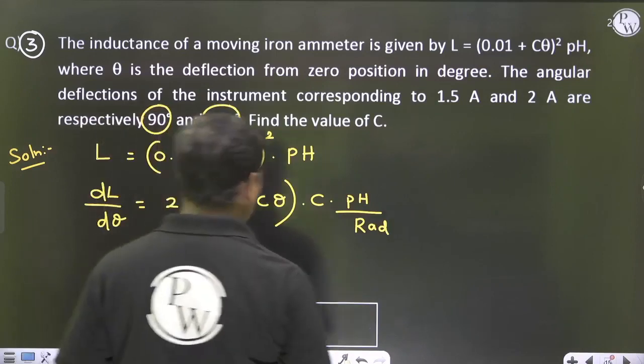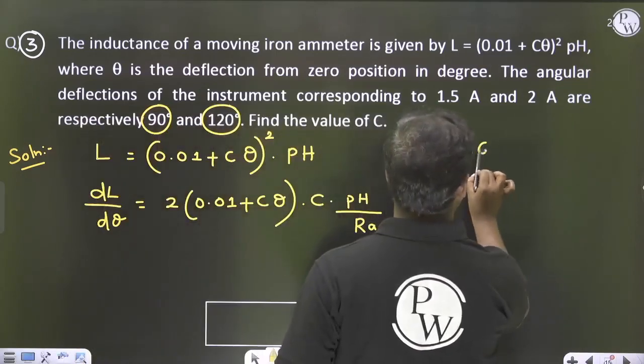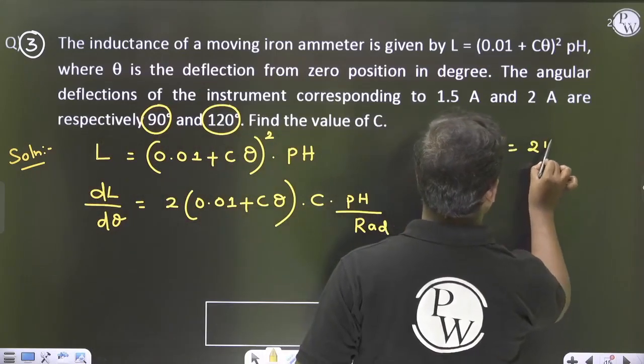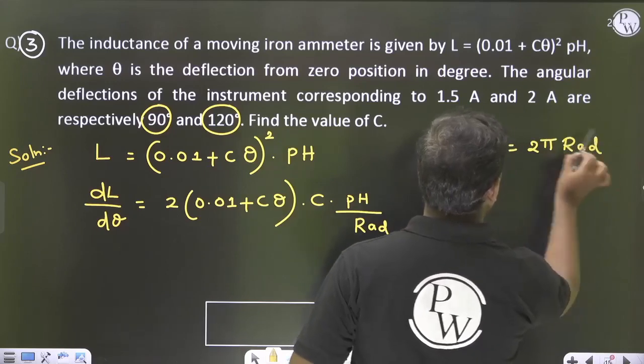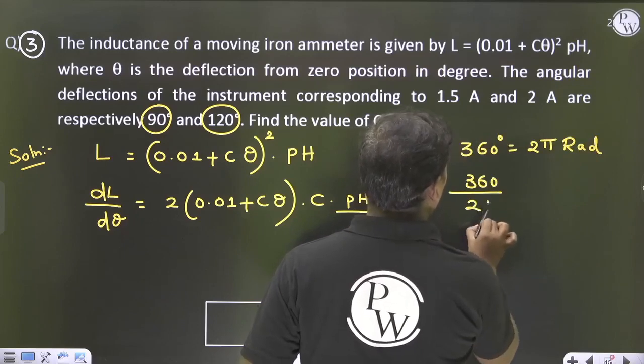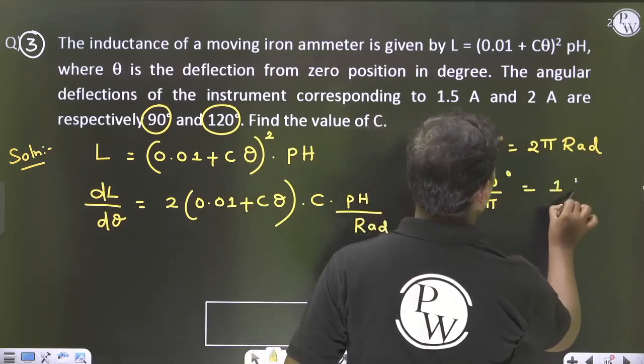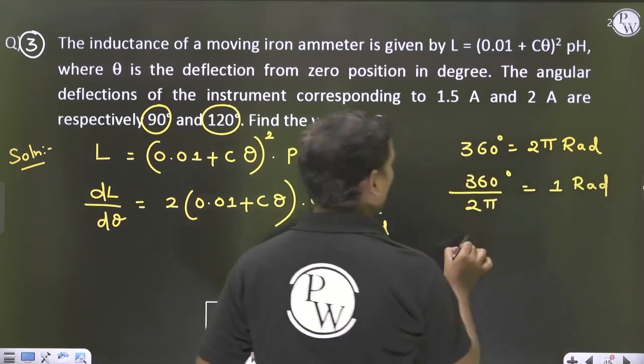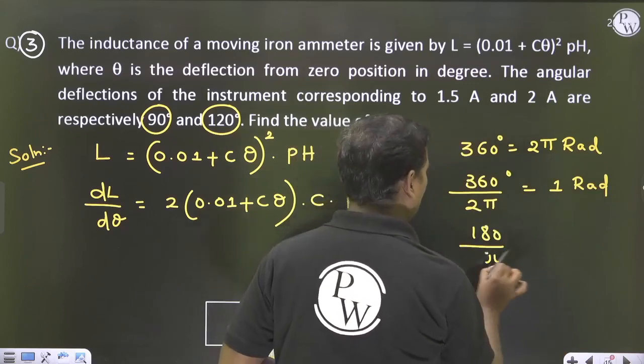Let me take one important point here. 360 degrees is equal to 2 pi radians. So 360 by 2 pi degrees is equal to 1 radian. So 1 radian is equal to 180 by pi degrees.